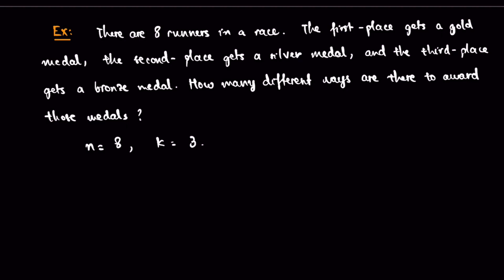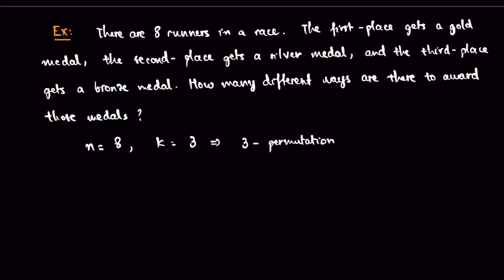For this example, the order really matters, right? Because you need to have the first place, then the second place, and then the third place, right? And with K equal to 3, we can say that the problem we are dealing with is 3 permutations.